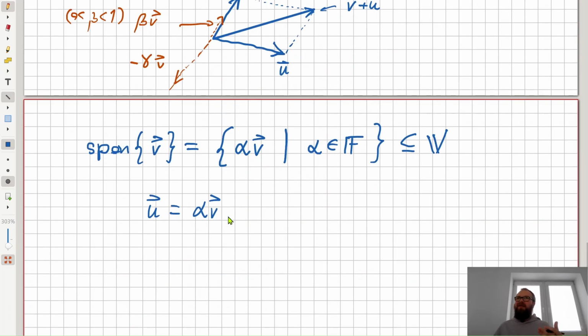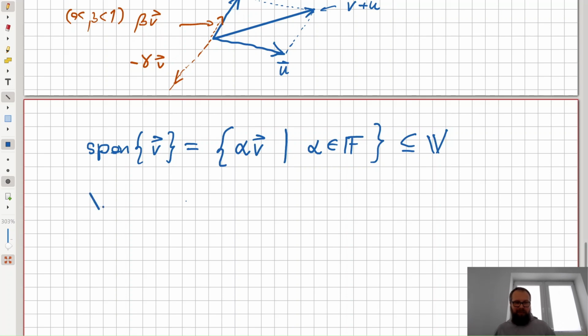So you could phrase it formally that there is no such alpha that this equation is satisfied, but mathematicians came up with a better way of phrasing this. They came up with the idea of linear independence.